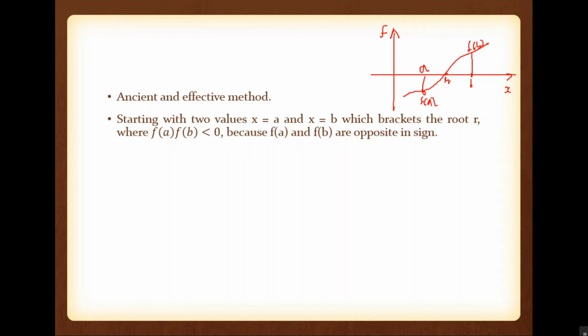What is happening if you are taking a wrong initial condition? So for example, I am taking the initial conditions as, say, this is one initial condition a, and this is the second initial condition b.